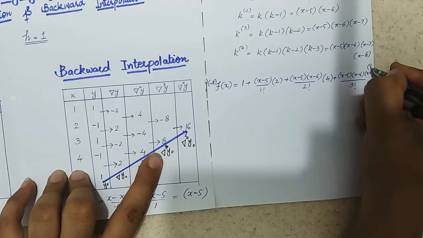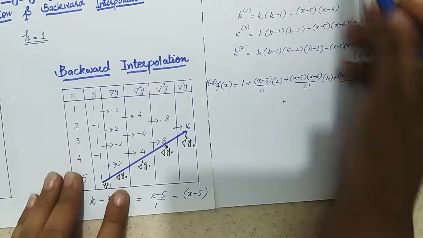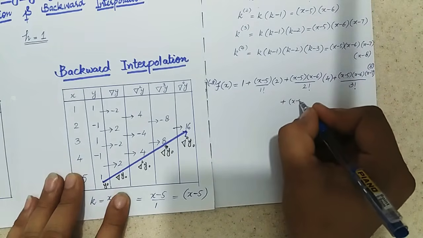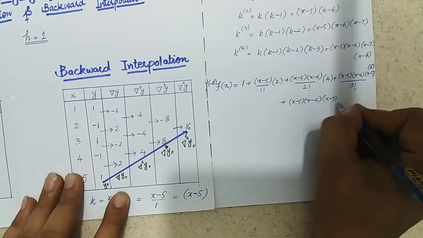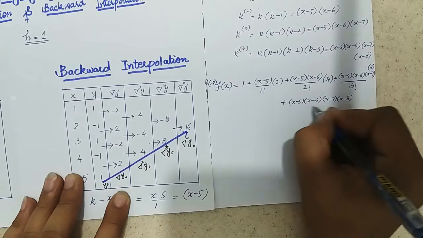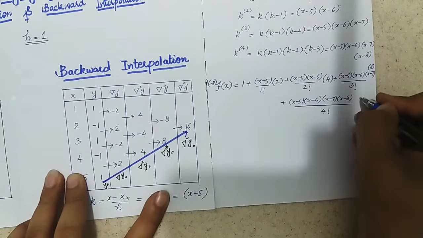7 into 8 plus for first term k4 is x minus 5, x minus 6, x minus 7, x minus 8 over 4 factorial and del 4 y naught is 16.